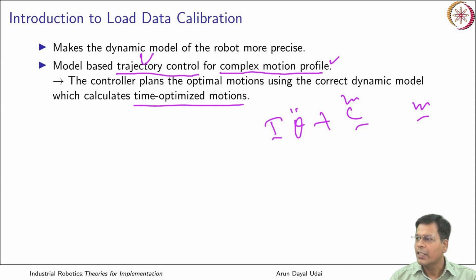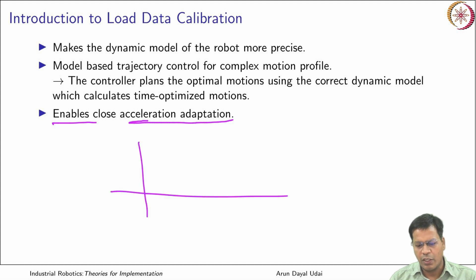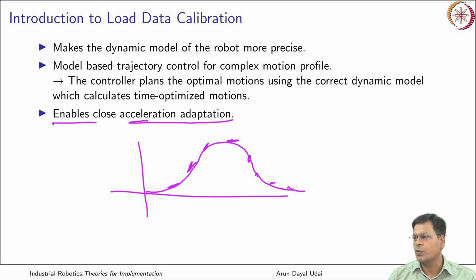That enables close acceleration adaptation also. If you have taken a motion profile for your joint, it will closely match the accelerations at different instants of time along the chosen motion profile.